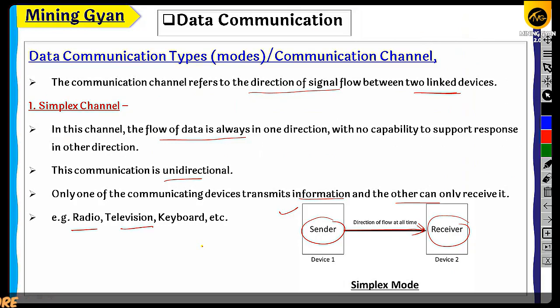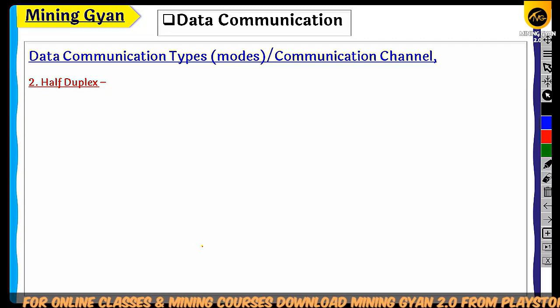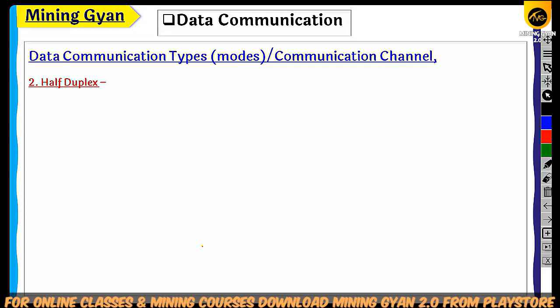Okay, the second type of channel is called half duplex. In half duplex, the sender can receive a response from the receiver, but not at the same time. At a different time, the sender can receive some response from the receiver end.